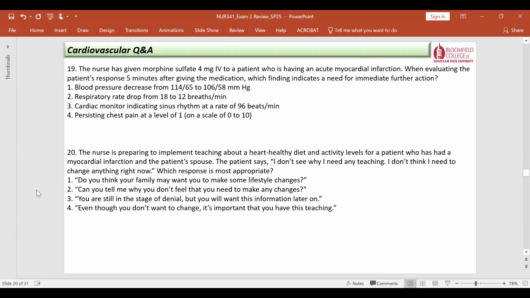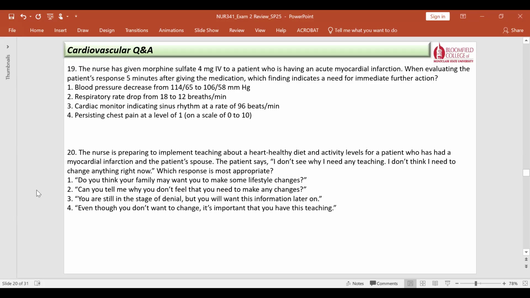The patient says, I don't see why I need any teaching. I don't think I need to change anything right now. Which response is most appropriate? Is it the second one?